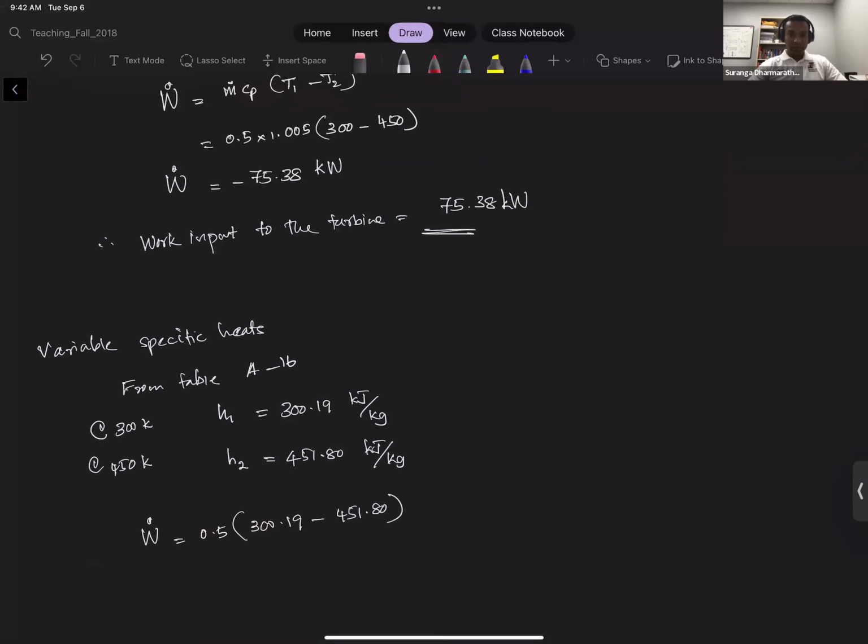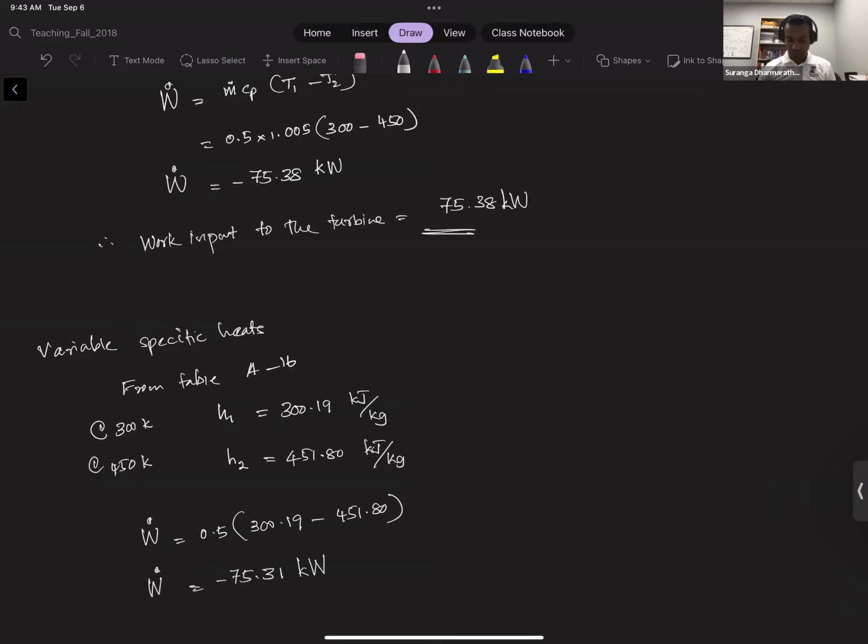You solve this and get negative 75.31 kilowatts.